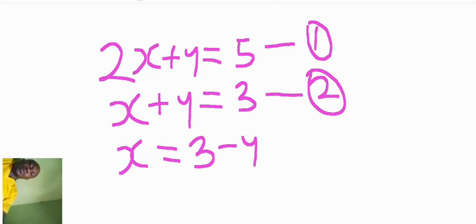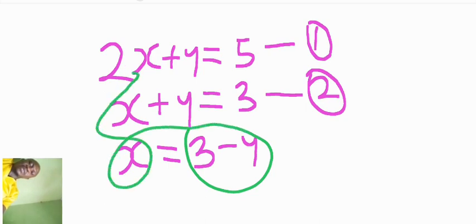Once you make the variable the subject in one of the equations, you substitute the value for that variable in the other equation. So because you're able to make x the subject in equation 2, you are going to substitute the value for x in the first equation.